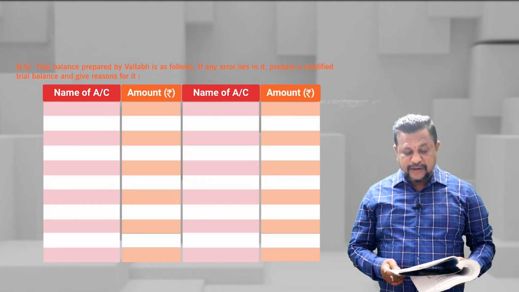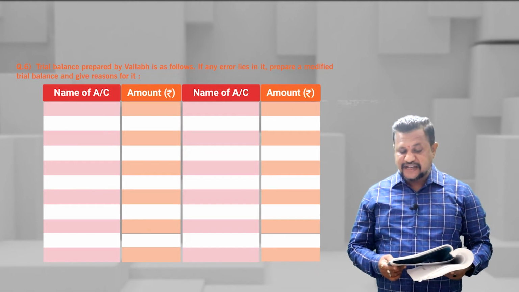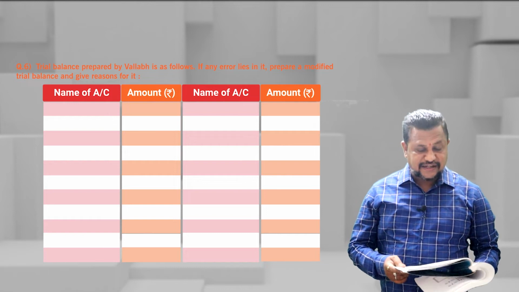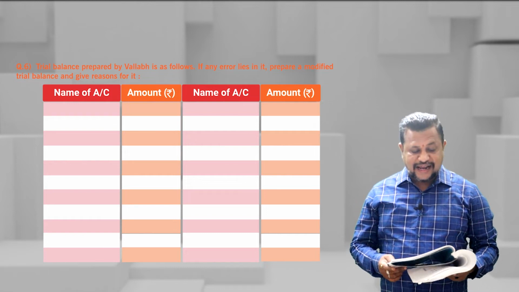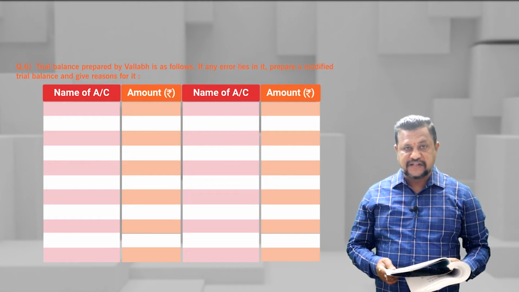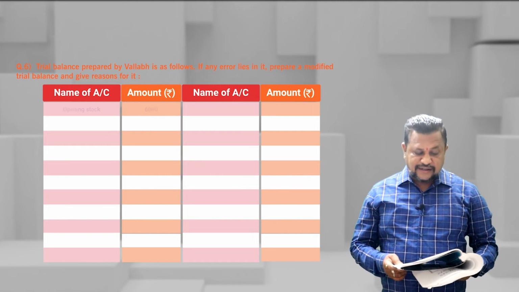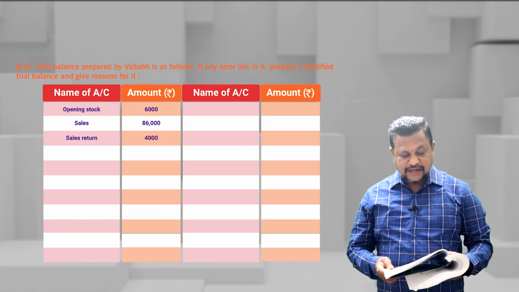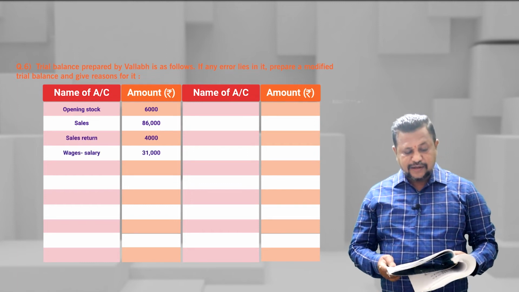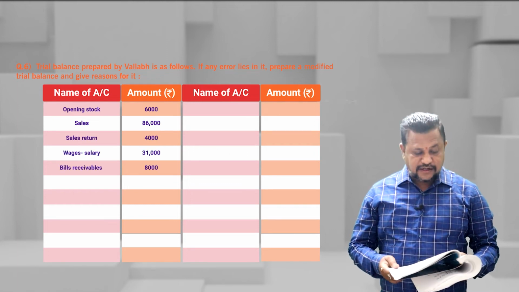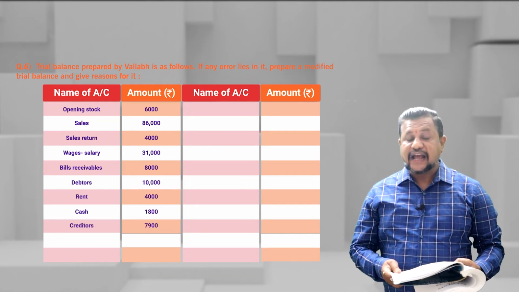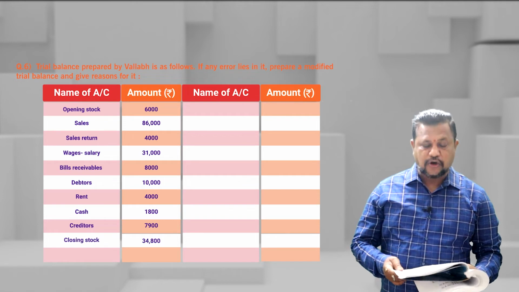Trial balance prepared by Vallabh is as follows. If any error lies in it, prepare a modified trial balance and give reasons for it. Well, they have given opening stock, sales, sales returns, wages and salary, bills receivable, debtors, rent, cash, creditors and closing stock.